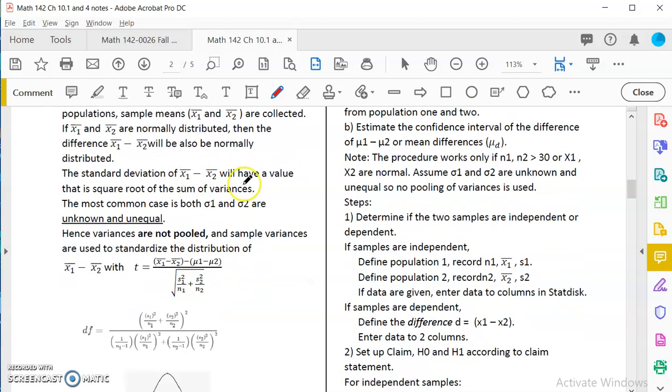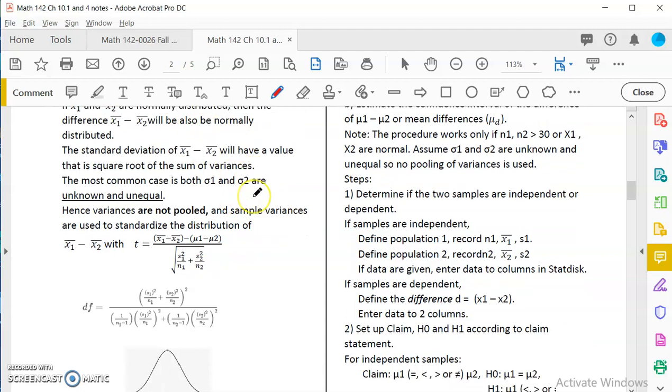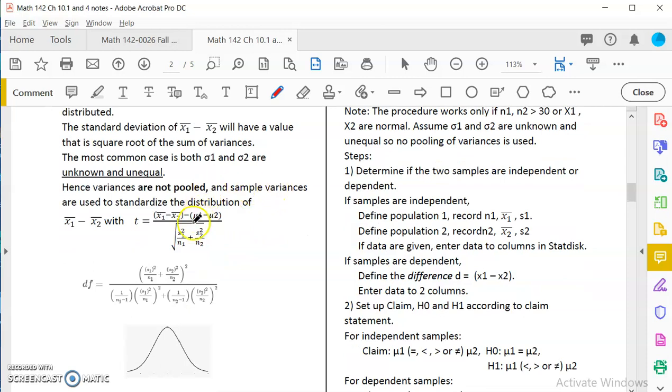But what is the standard deviation? Because if something is normally distributed, we want to find out the tick mark, right? So the standard deviation of x1 bar minus x2 bar has a value which is the sum of the variances. The common case is that most of the time we don't know sigma 1 and sigma 2.